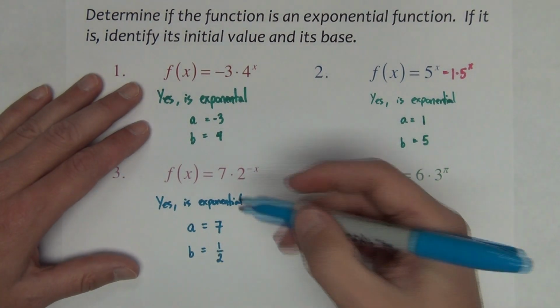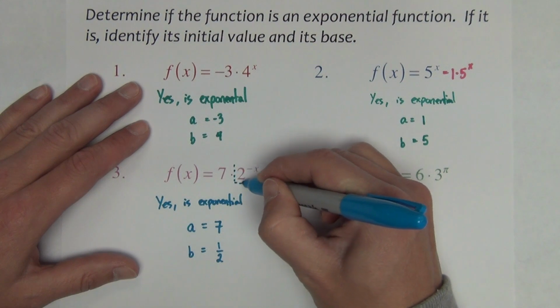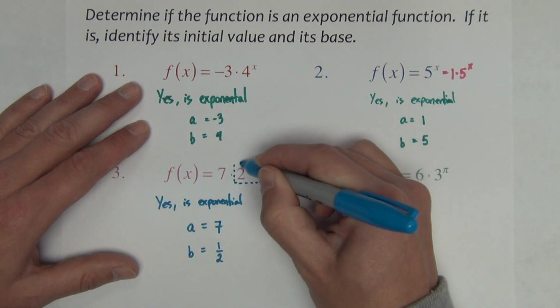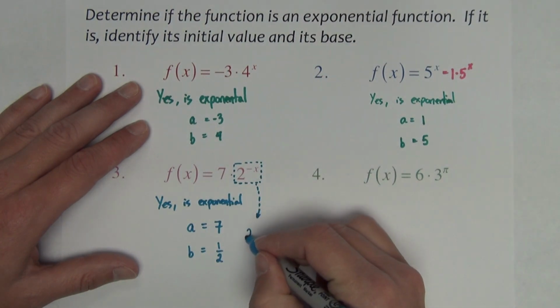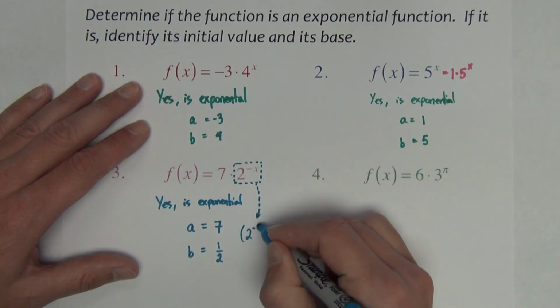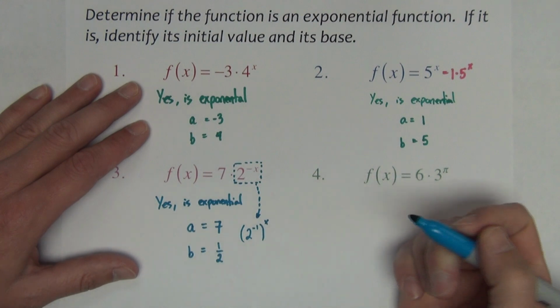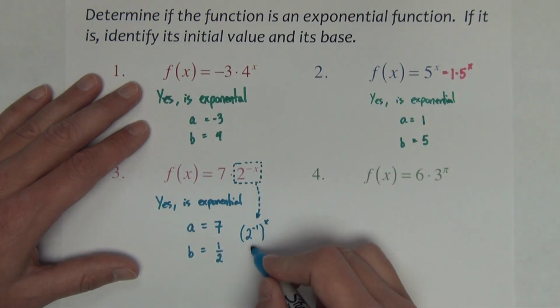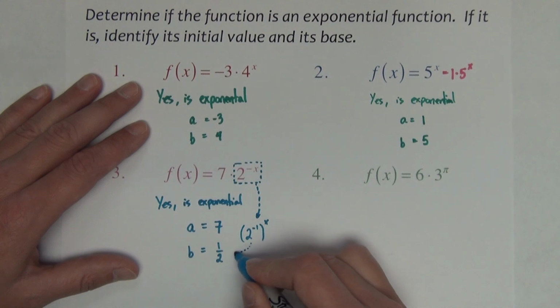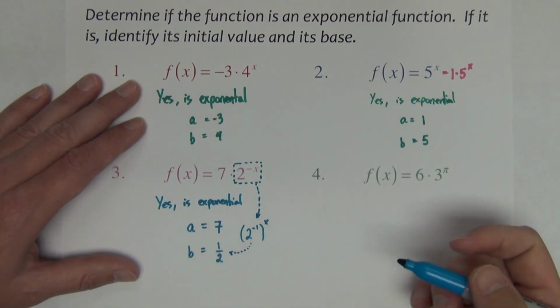Why 1/2? Well, if we look at this part, 2 raised to the negative x is the same as 2 raised to the -1 raised to the x. If I just pull apart that negative x as the product of -1 times x, and of course 2 raised to the -1 is 1/2.